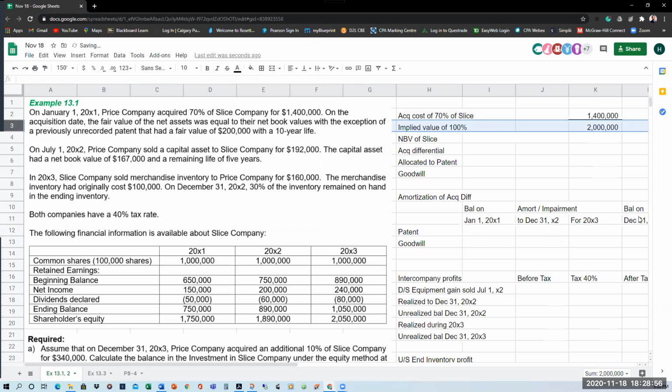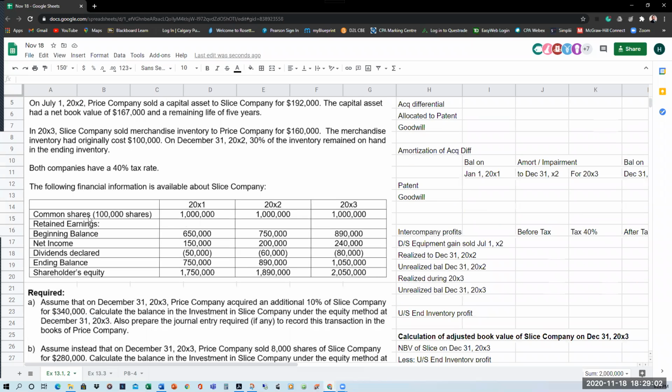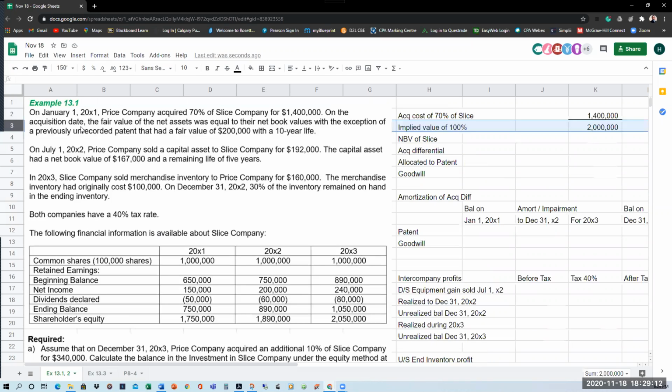$2 million. And on the date of acquisition, Jan 1st, 2001, Slice Company had $1 million in common shares, and the beginning retained earnings for 2001 was the balance on Jan 1st, 650,000.